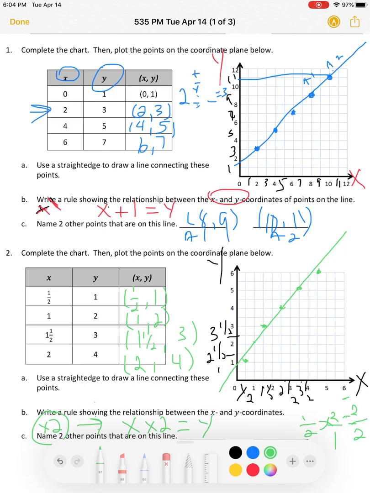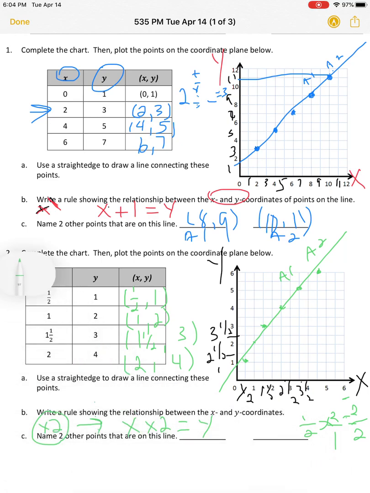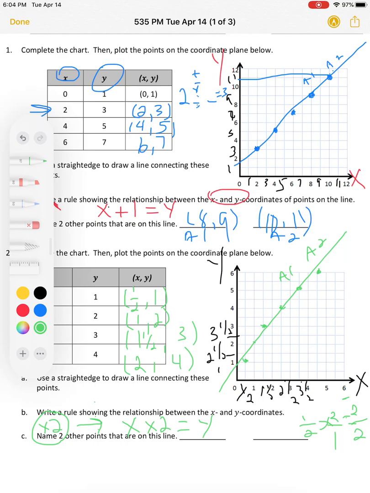Now they want us to name them and then give the coordinate pair. I'm going to name this one A1 and A2. Okay. All right, let me move this over here. This would be the coordinate pair for A1, A2. Let's look at the y-axis for A1.